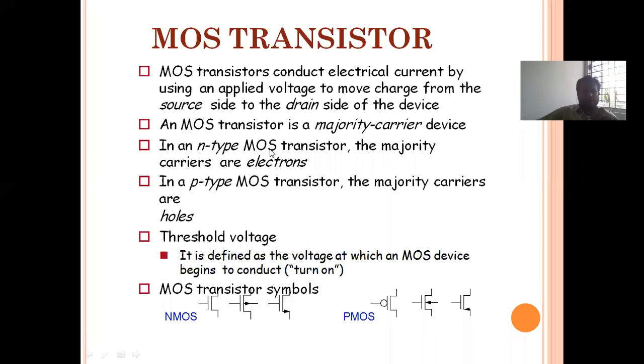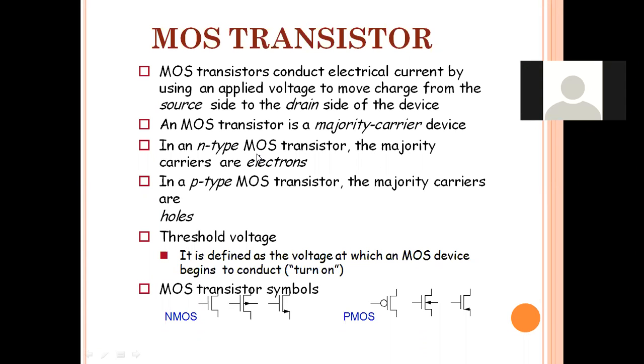Again, in the MOS transistor, if I classify the types, we get the enhancement MOSFET and the depletion MOSFET.